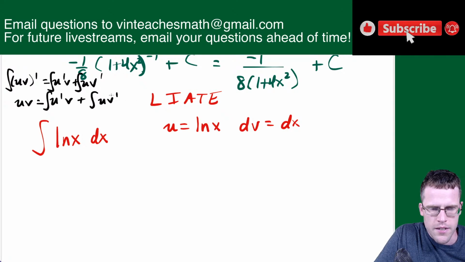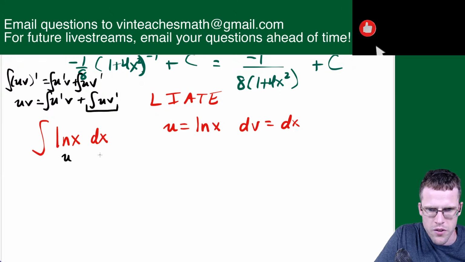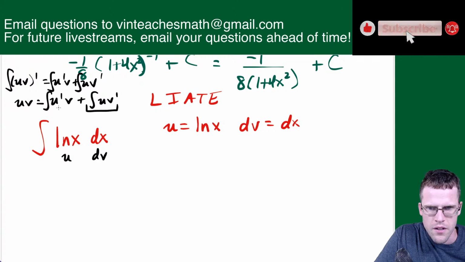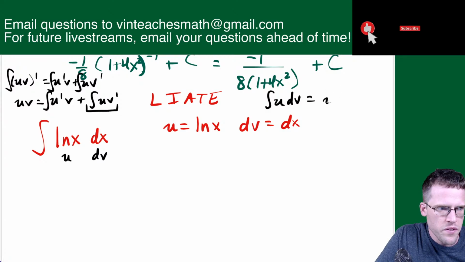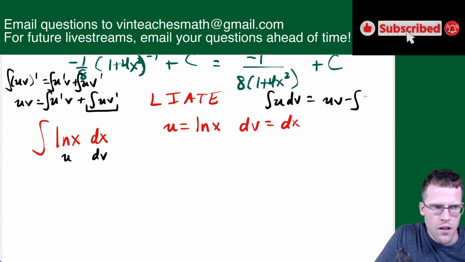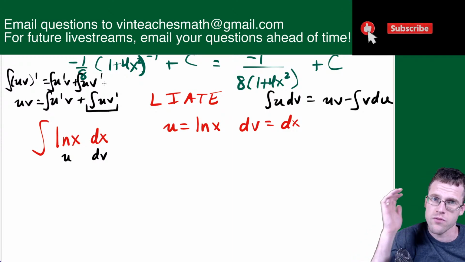So the integral of u dv is essentially what we're doing: we're calling this u, and this is our dv. So the integral of u dv is equal to uv minus the integral of v times du. If I forget that formula, I just do product rule backwards. I'm going to forget that formula plenty of times.